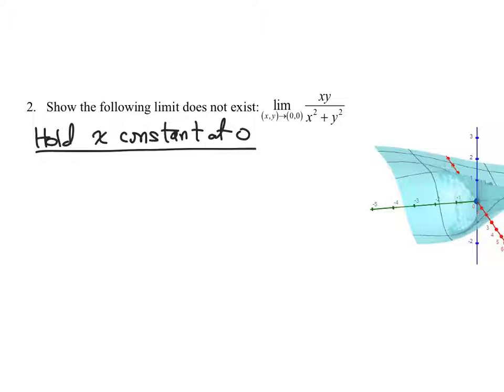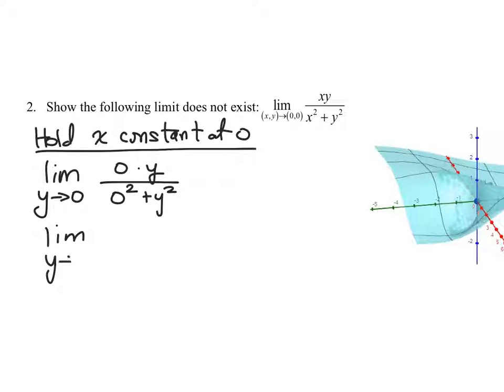So I'm going to write the limit as y approaches 0 because all of my x's are getting replaced with zeros. So 0 times y over 0 squared plus y squared. Now that just boils down to just 0. 0 over anything is going to be 0 as long as that anything isn't 0 itself.